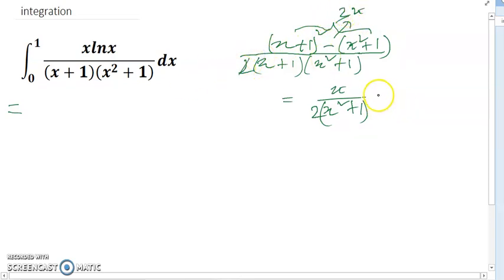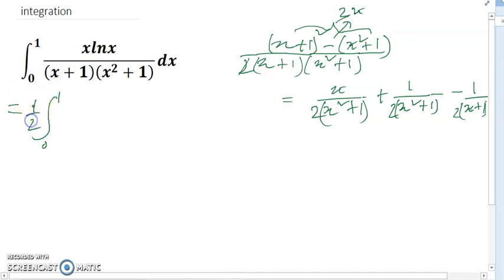So it can be written as x into (x square plus 1) divided by (x plus 1) into (x square plus 1), by 2. So I hope you can understand my partial fraction.